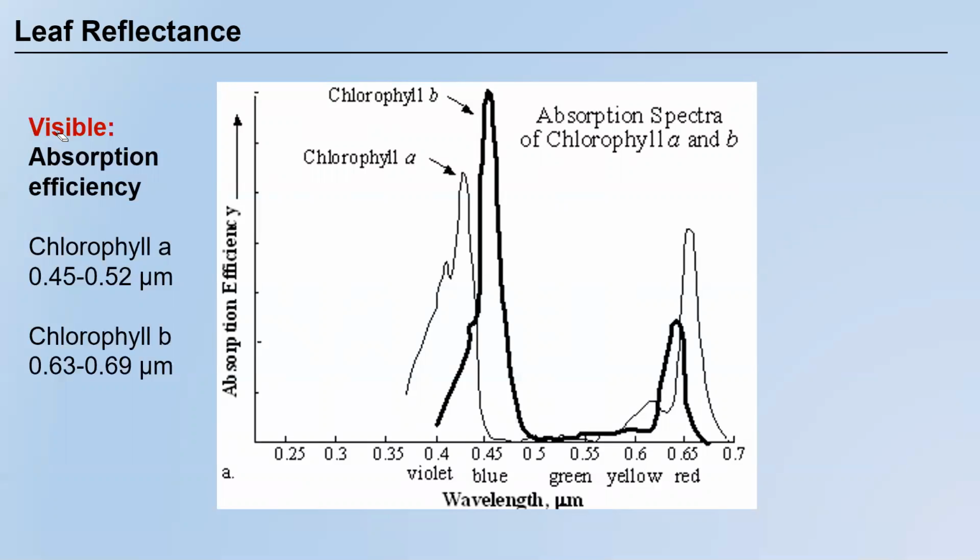So within the visible range of the EMR spectrum, chlorophyll A and chlorophyll B are crucial. They are the dominant factors for the reflectance or absorption characteristics of vegetation.